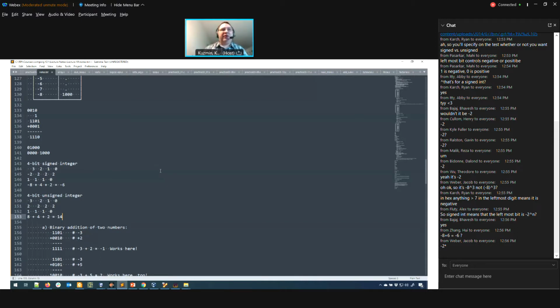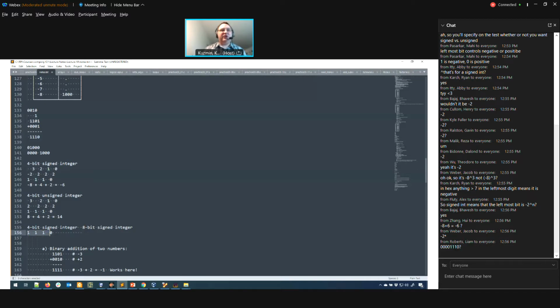And one important thing, sign extension. What if I tell you that you're given this value, and it's a 4-bit signed integer, and I am asking you to convert it to an 8-bit signed integer. How do you do that? Well, it turns out that the answer is very easy.